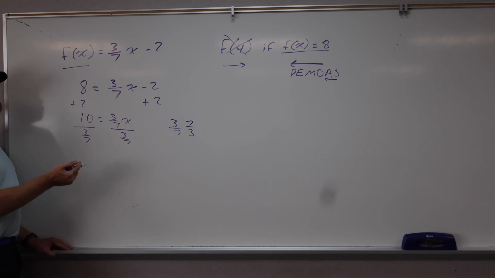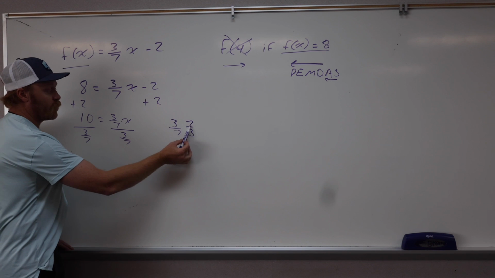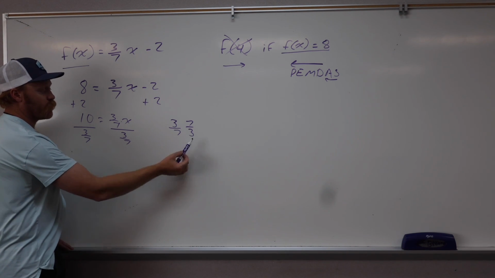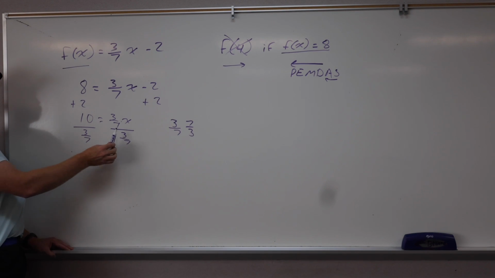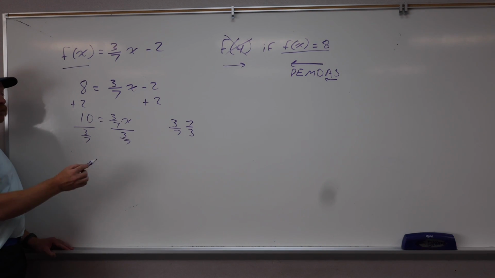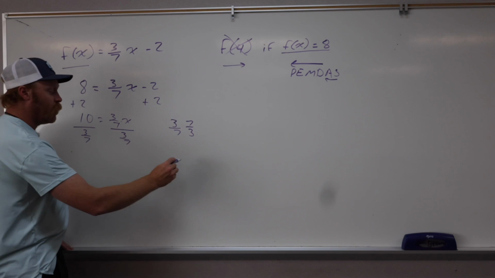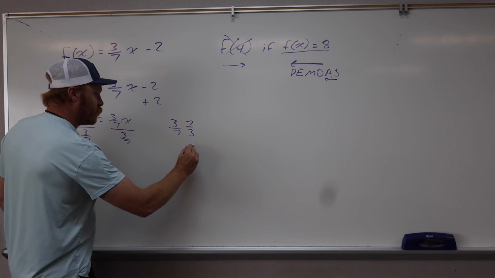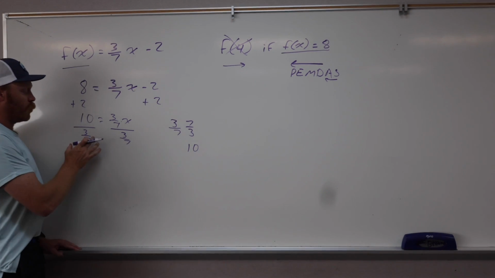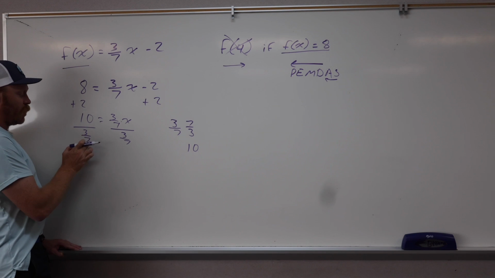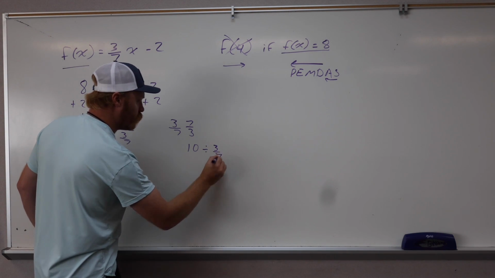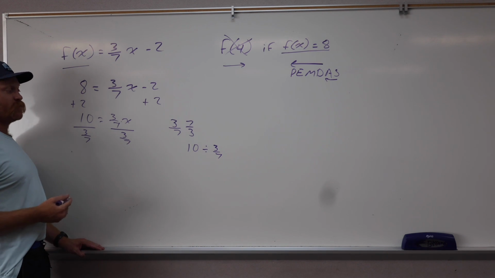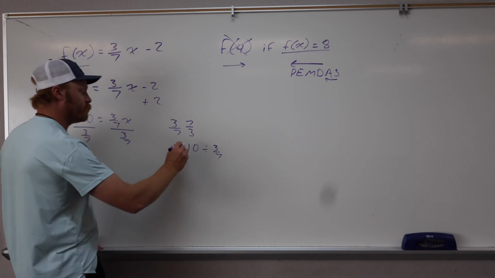Because our 3 times our 7 is 21, 7 times 3 is 21, so we have 21 over 21, which will then be 1. 1 times x gets that variable by itself. If you're still struggling to see what's happening, what we're saying is 10 divided by 3/7. And if you want to take that extra step, keep, change, flip.